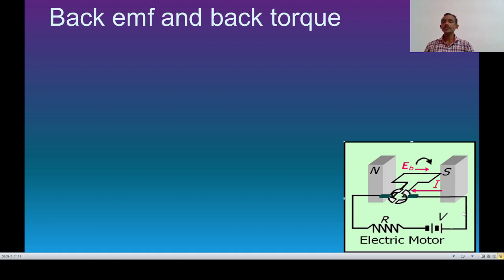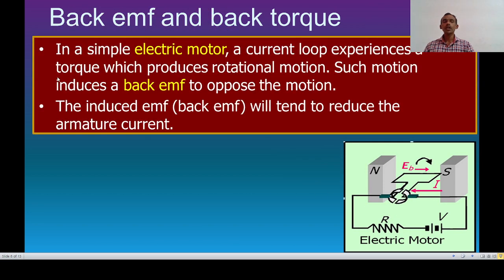Now, when we pass current through the winding of this motor, in a simple electric motor, a current loop experiences a torque which produces rotational motion.